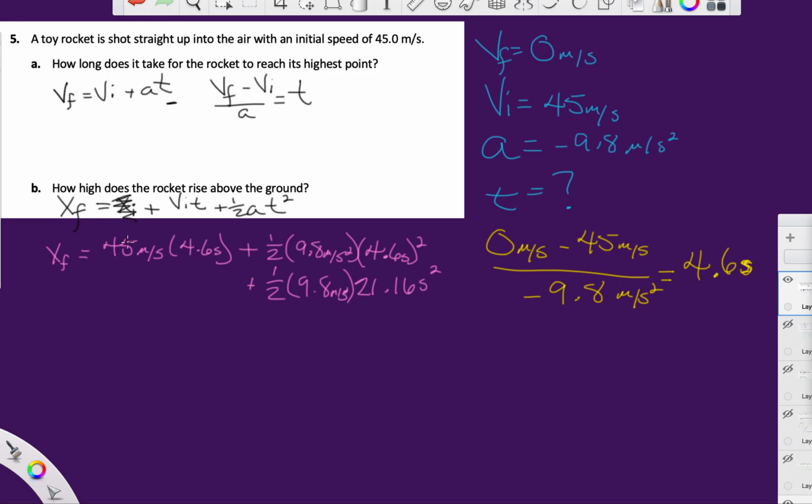And let's do this. 45 times 4.6. Wow, 207. 207 meters. That's way up there. That makes sense. All right, so it would go up 207 meters.